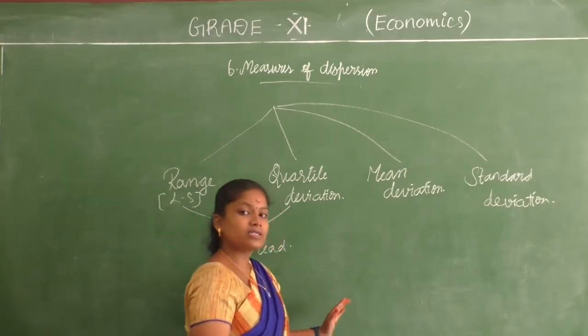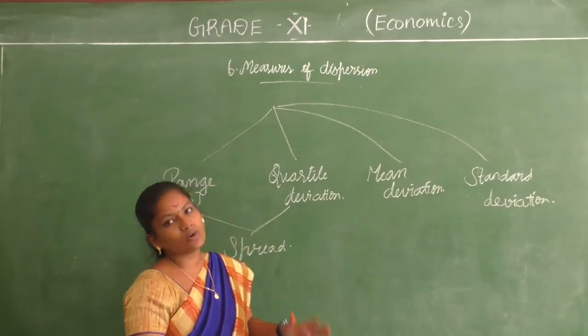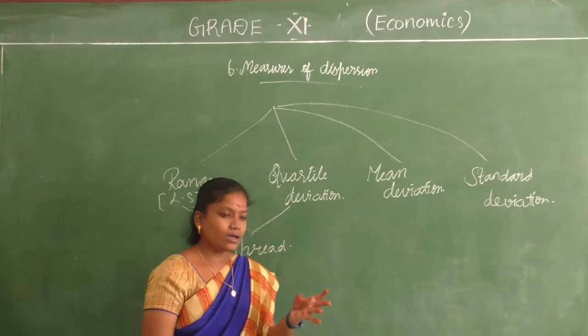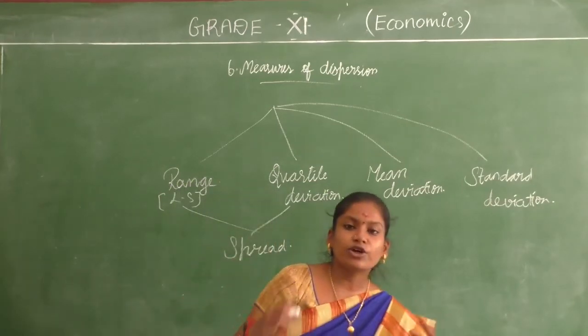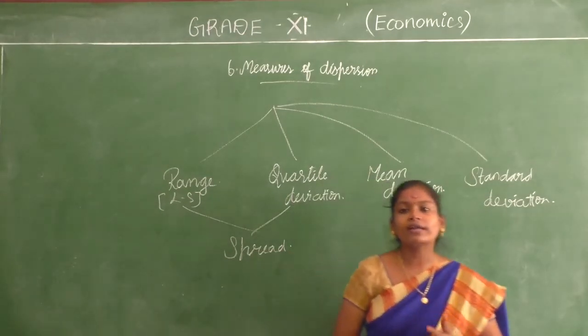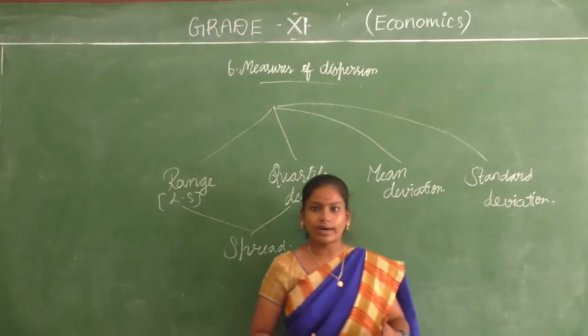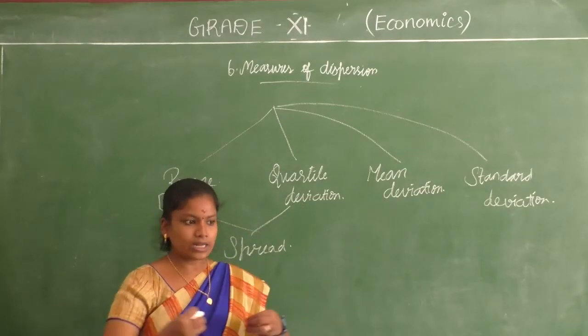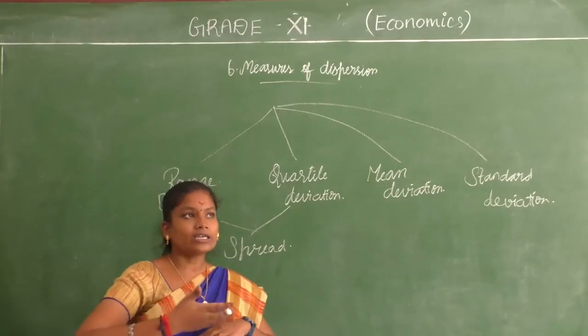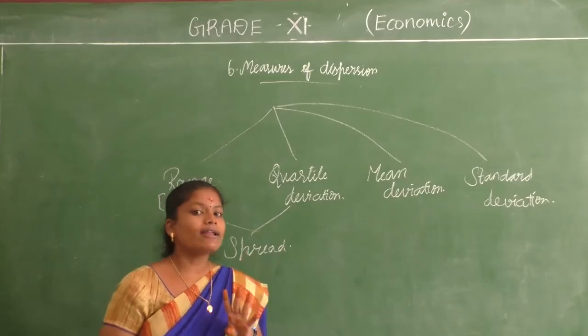Quartile deviation means, already we have discussed quartiles. Q1, Q2, Q3. That is dividing the set of observations into 4 equal parts called quartiles. Right, 10 observations divided equally into 4 equal parts.